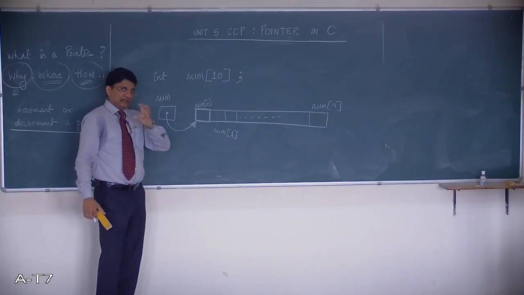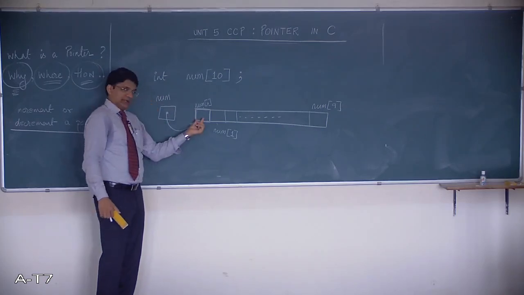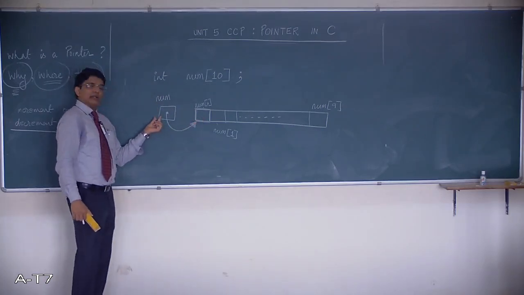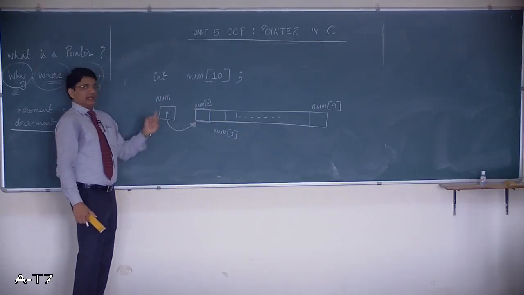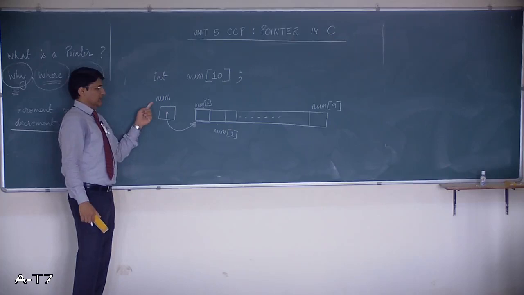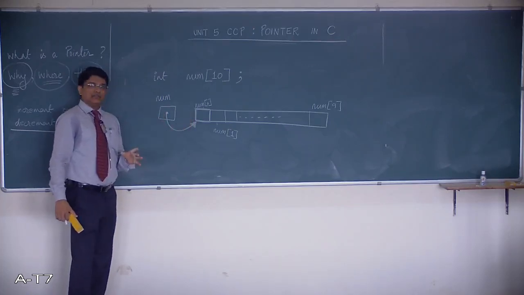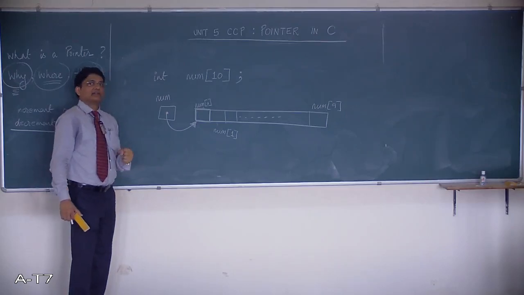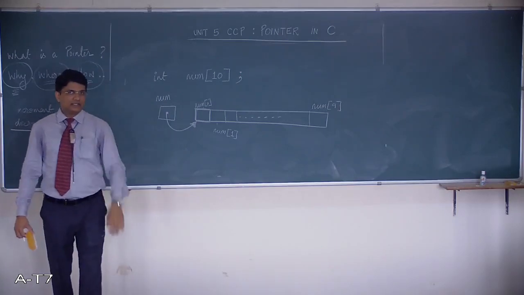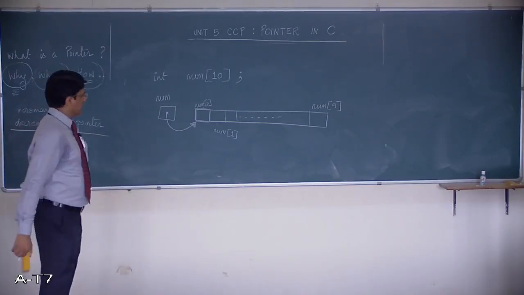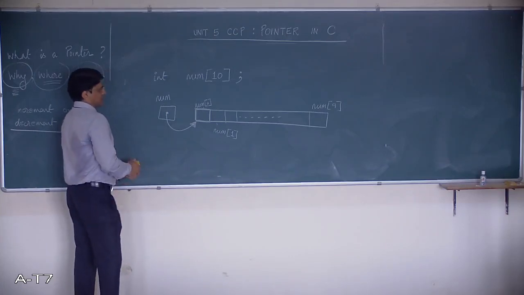The address of num of 0, that means the first set of 4 bytes, is stored in another variable called num. So the name of the array is actually a variable in the memory, and it stores the address of the first number in a set of numbers. Get this straight and a lot of things will look simpler and easier to you.